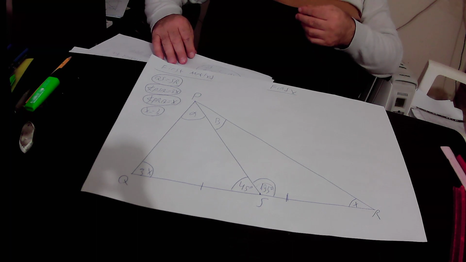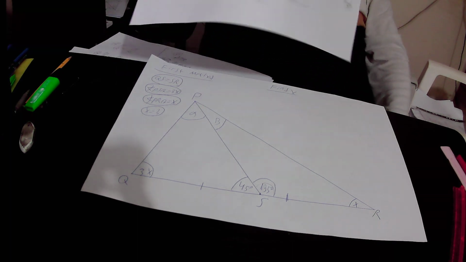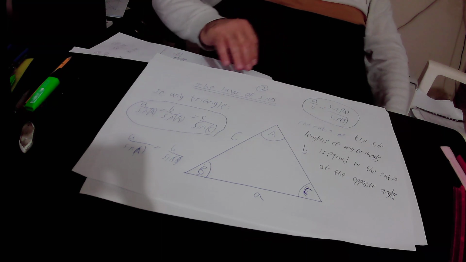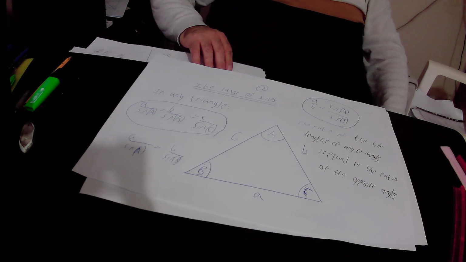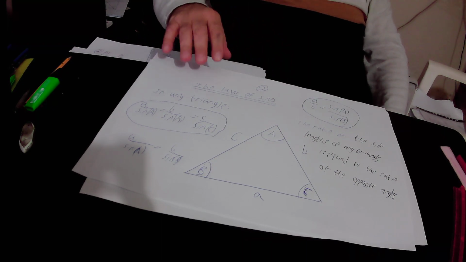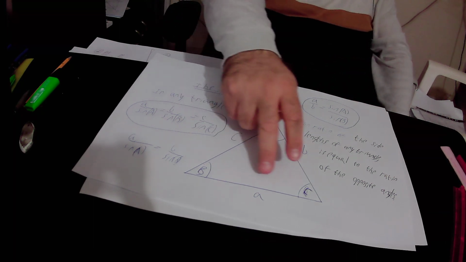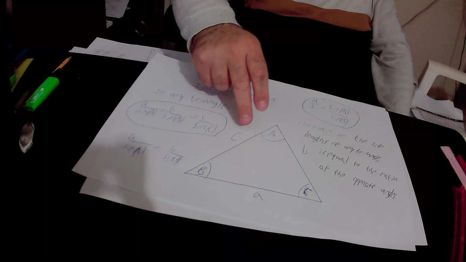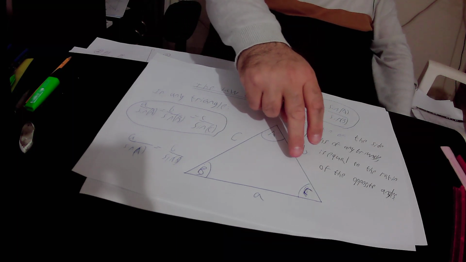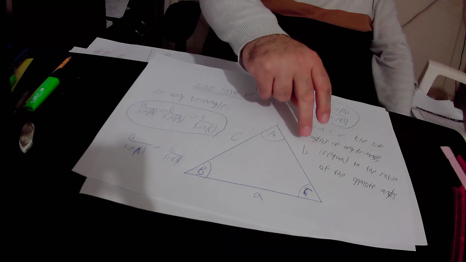Then I presented to you the law of sines. The law of sines is true in any triangle. If we have this triangle, we know that this side is equal to A units, this side equals C units, and the length of this side is B units.